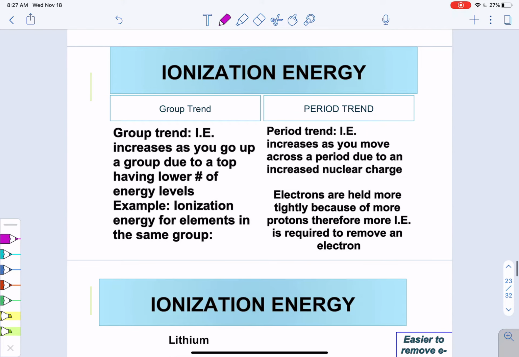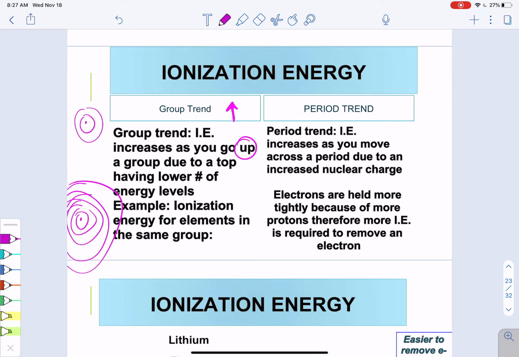So there, of course, is a group trend and a period trend with this. The group trend is that it increases as you go up, due to the top having a lower number of energy levels. So basically what this means is at the top we have like 2 energy levels versus down here where we have a lot. So it's a lot easier to remove this outer electron than to remove this one. Do you remember that shielding effect that I was talking about?